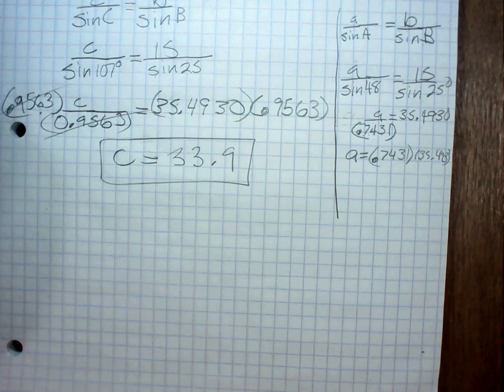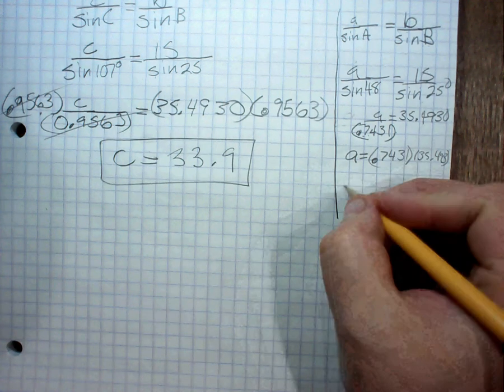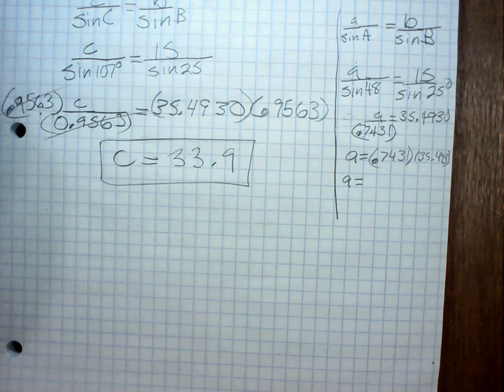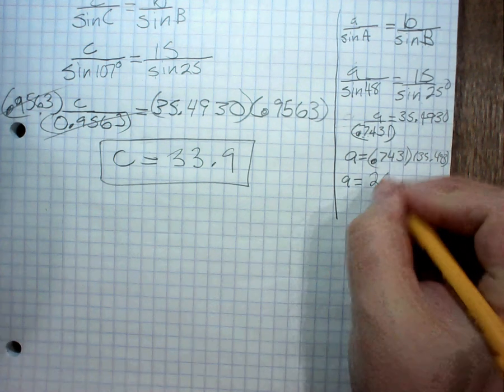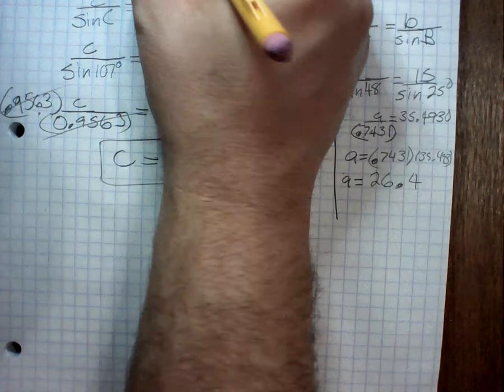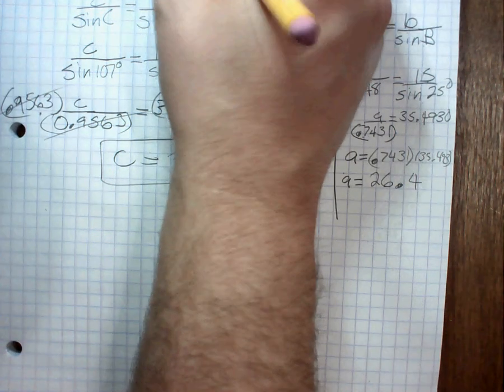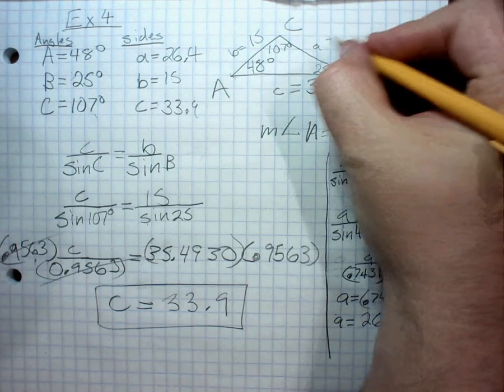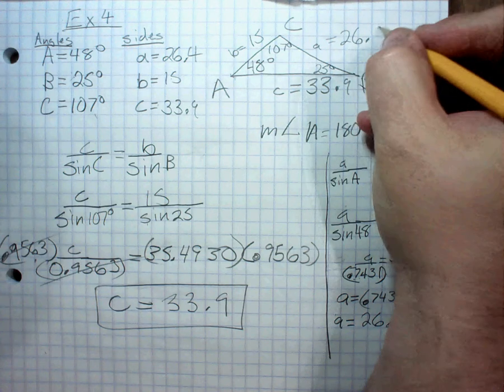So times 35.4930, and I get lowercase a is equal to 26.4. So up here I'm going to put 26.4, and then over here I'm going to put 26.4.